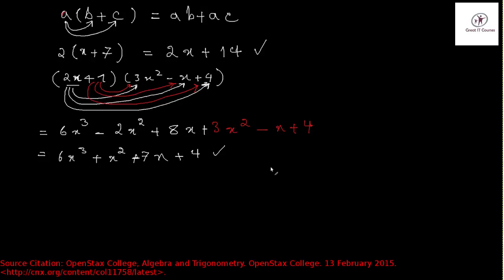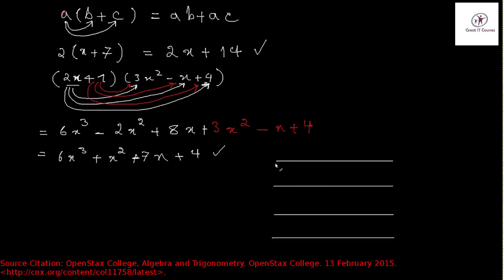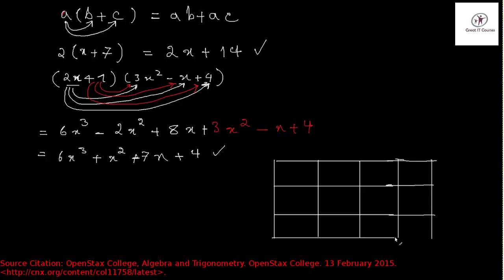You could, for example, create a table like this, with columns for the three terms of the second polynomial and rows for the terms of the first.